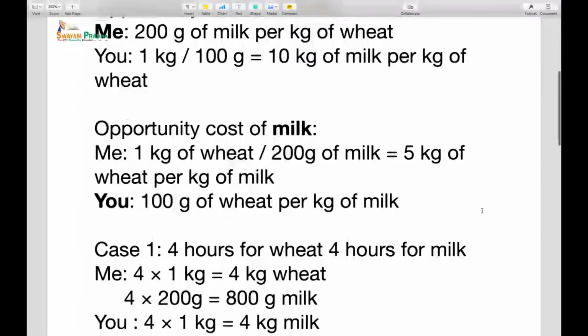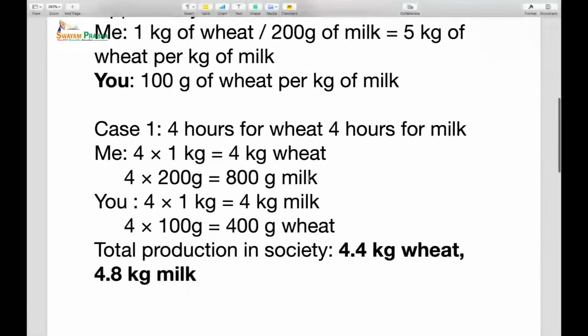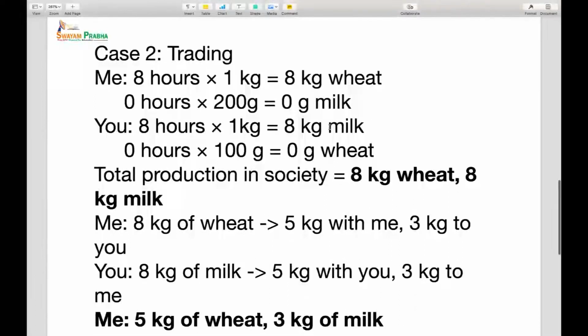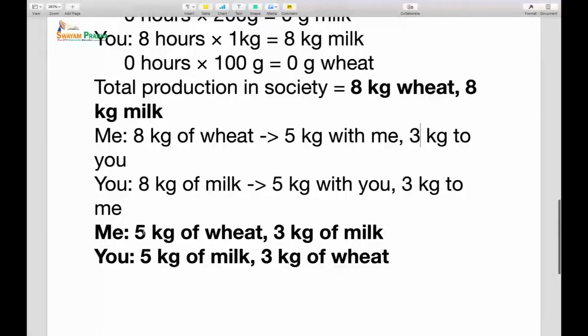So I was thinking that without the trading, I was getting 4 kg of wheat and 800 grams of milk. With trading, I will get more amount of wheat and more amount of milk. So this interaction or this specialization is beneficial to me, and this is why I am ready to get into this arrangement.